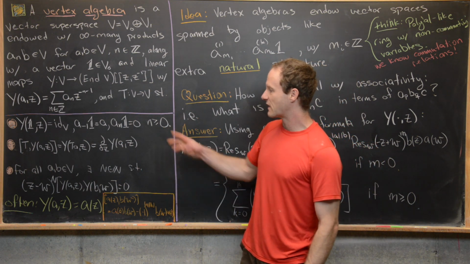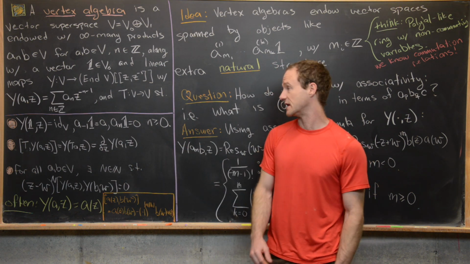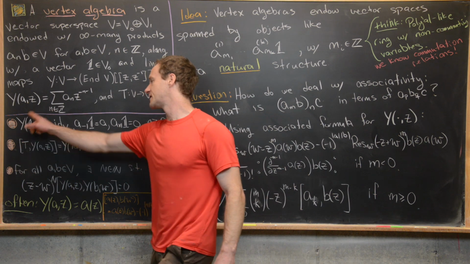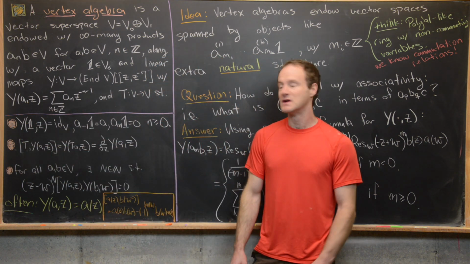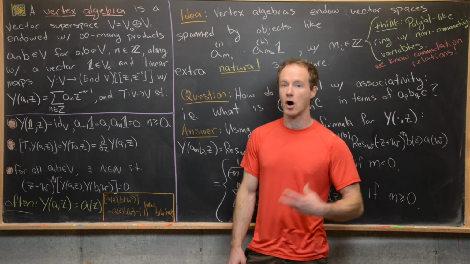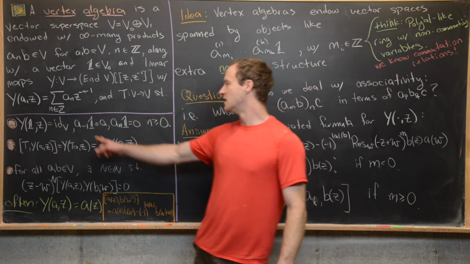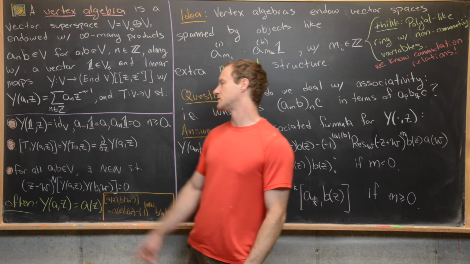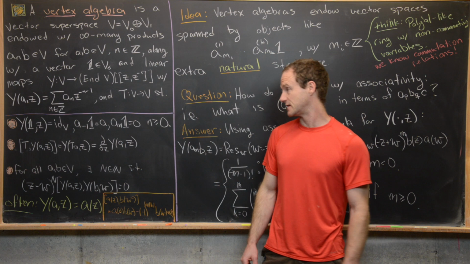Then we've got three main axioms that are satisfied, and I've combined a couple in this case. The vertex operator of the vacuum vector is just the identity map. In other words, the negative first multiplication is the identity map, and all other multiplications are 0 when you're dealing with the vacuum vector. Then the minus first multiplication of A with the vacuum is A, which is called the creation axiom.